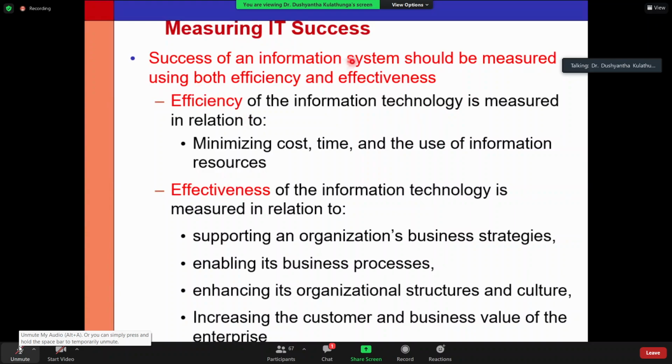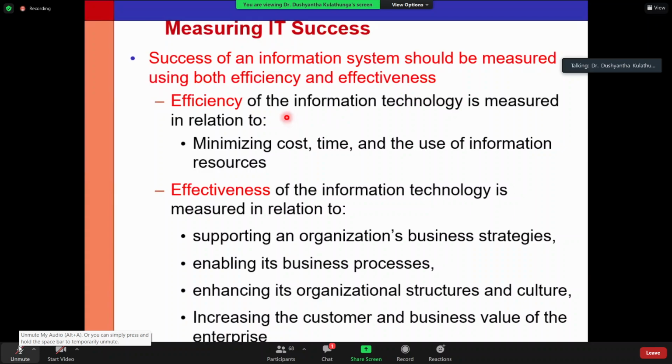Therefore, we have to see whether our information system related investments help us to improve the efficiency of the business organization in relation to different dimensions identified here, and also whether they help us to improve the effectiveness of the business organization in relation to the dimensions highlighted here.